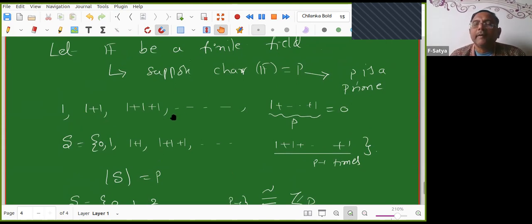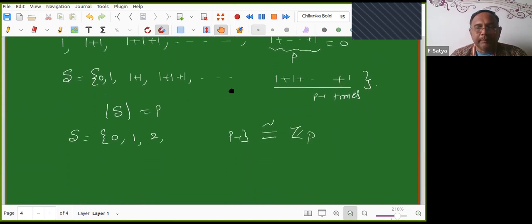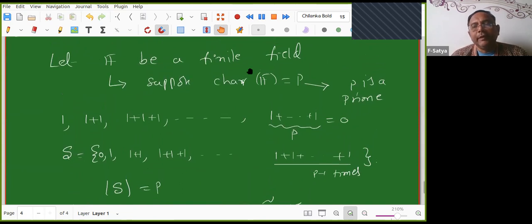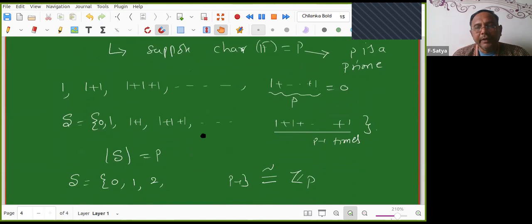Is this part clear? Okay, I'll repeat once. F is a finite field. Then keep adding one several times up to p minus 1 times, including 0. So this is a subset of F clearly, the cardinality of S is equal to p, and it is a field.